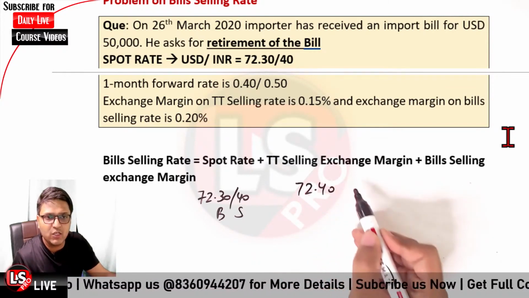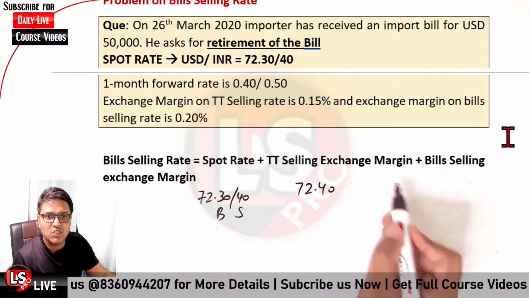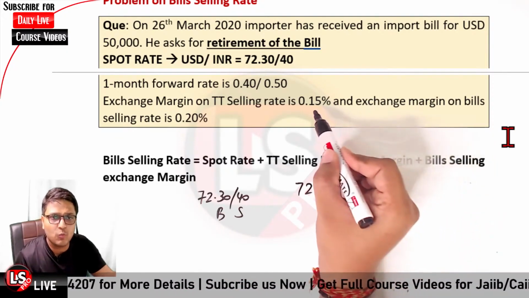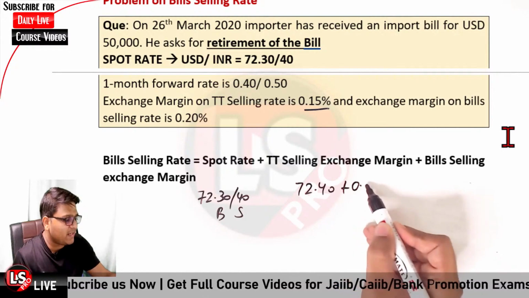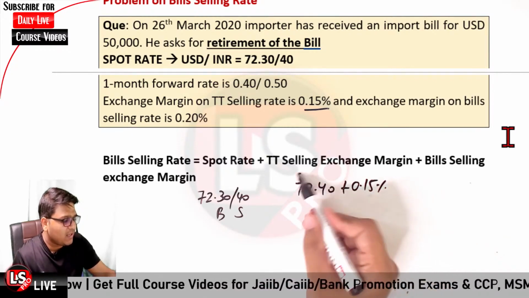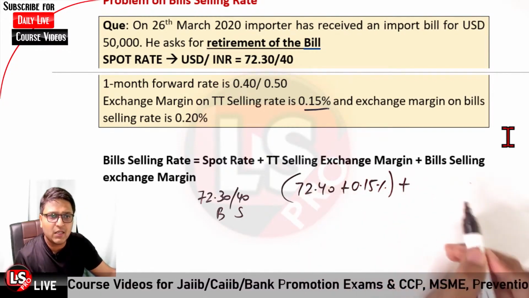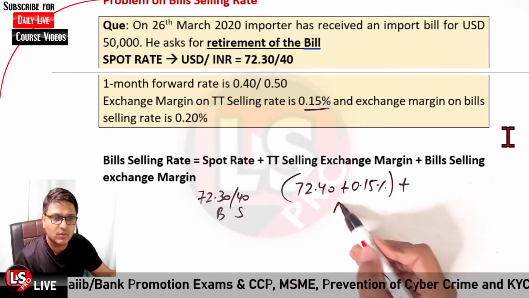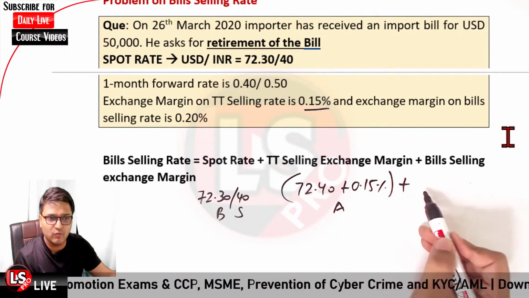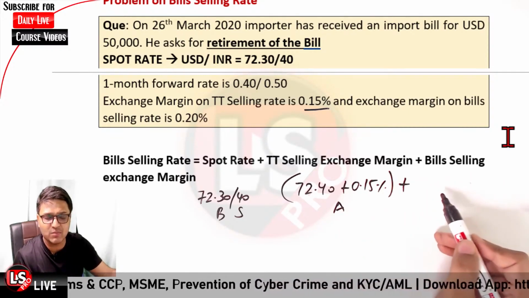And further you need to add the selling exchange margin, which is given to be 0.15%, so we will be adding 0.15% to it. And after that we will be adding the bills selling exchange margin to this whole term. If it is said to be A, then we will be adding the bills selling exchange margin to it.